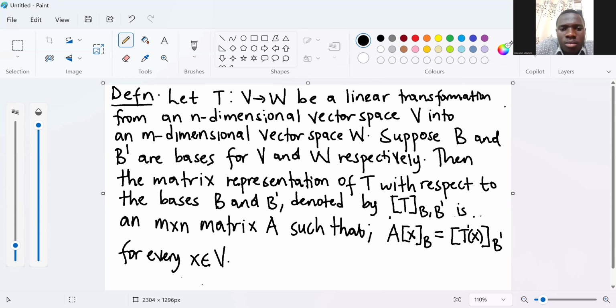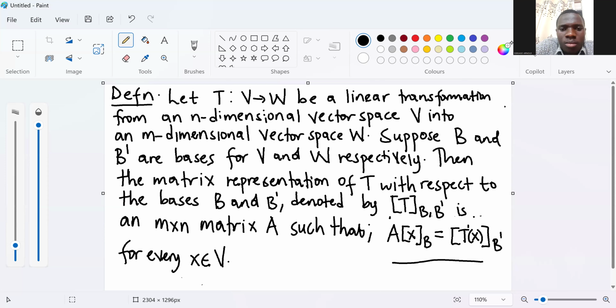So we are going to be given a linear transformation from an n-dimensional vector space V into an m-dimensional vector space W. Then if I have bases, yesterday I defined what a basis is, a basis for V, something that generates V, and something that generates W, then the matrix representation of the transformation with respect to those bases is denoted by that.